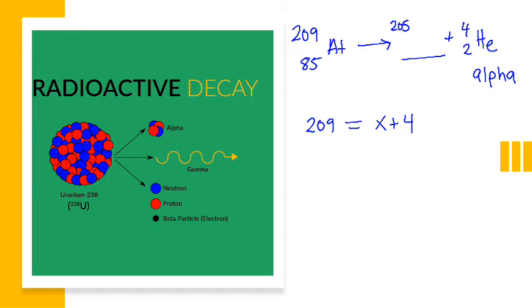205. Okay, let's check the bottom. We have 85 as the atomic number. Let's call it y plus 2. So y has to be 83. Now we want to look at our periodic table and figure out what element we transmuted, because remember, this is a transmutation. After looking on the periodic table, we notice we have Bi for bismuth.